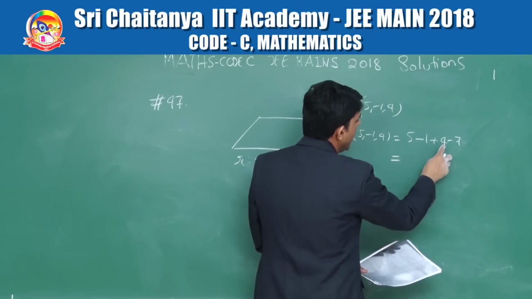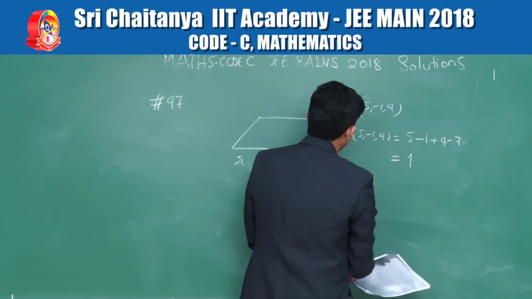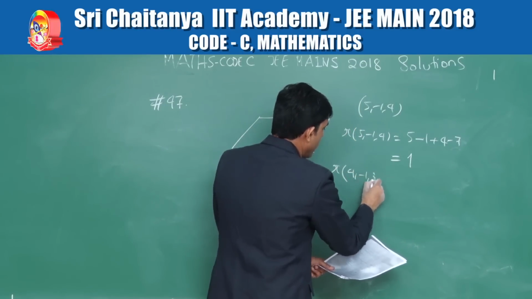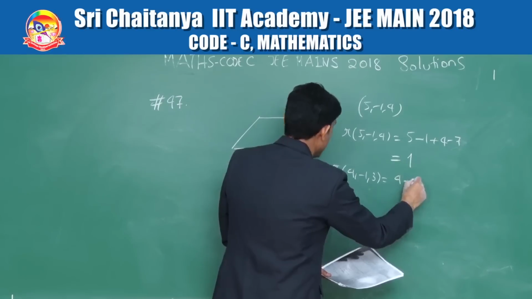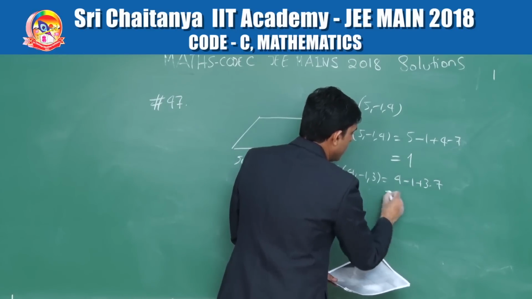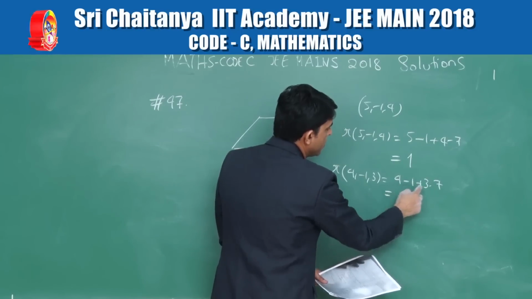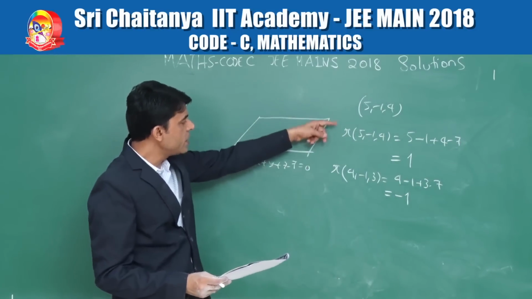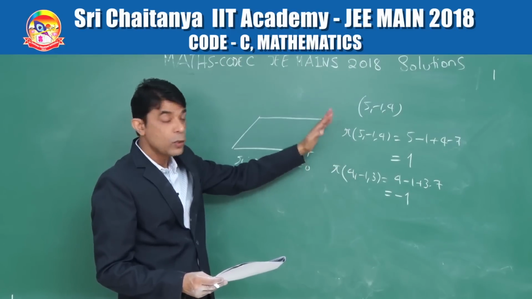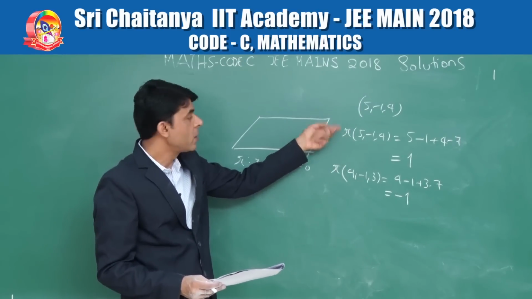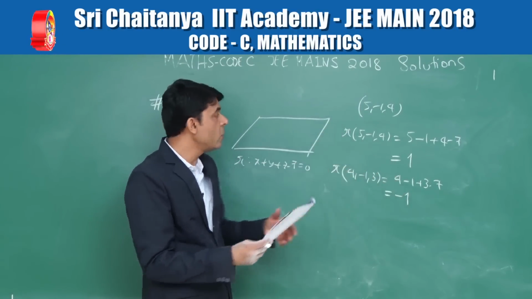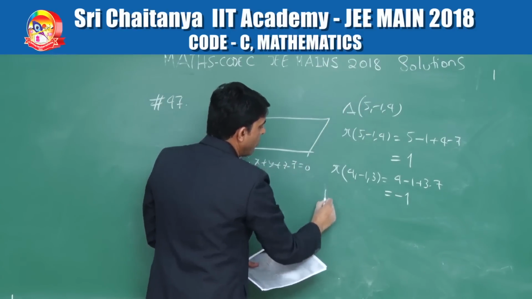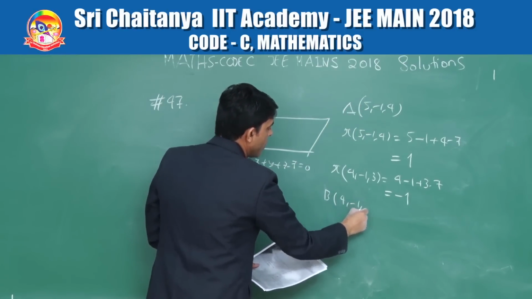That's 5 plus 4, 9, and minus 8, so that's 1. And pi at 4, minus 1, 3 is 4 minus 1 plus 3 minus 7, and that is 4 plus 3, 7, so that is minus 1. So just observe that these 2 points are on opposite sides of the plane, because one is positive, one is negative.